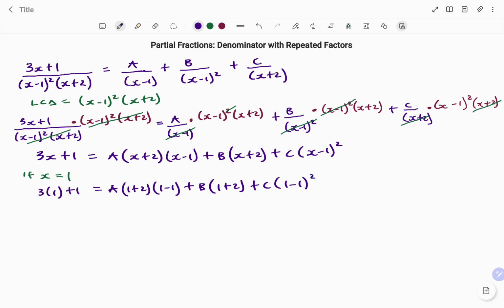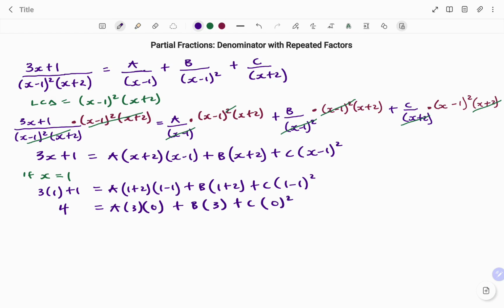Simplifying, I have 3 times 1, 3 plus 1, 4 is equal to a times 3 times 0 plus b in bracket 1 plus 2, that's 3, plus c in bracket 1 minus 1, 0 squared.